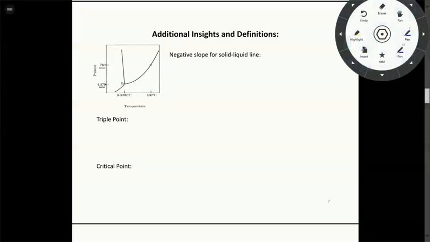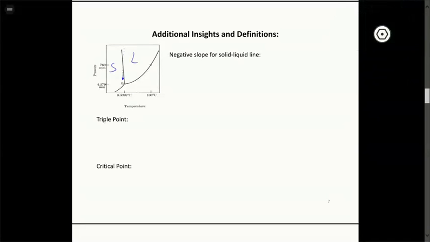If we start at some value here and we increase the pressure at the same temperature, we notice that we cross from solid into liquid. So as we increase the pressure, we go from solid to liquid. And so when you have a negative slope, that's what happens in this case. Increased pressure converts from a solid to liquid.